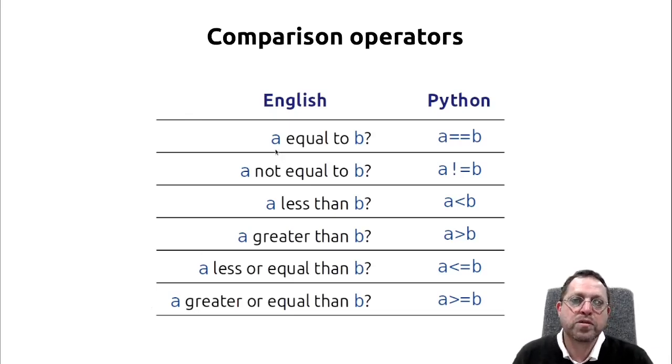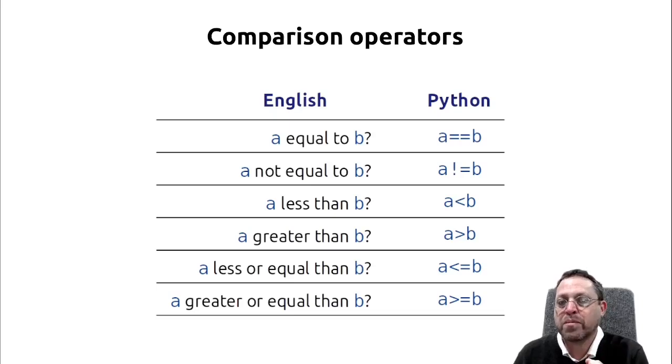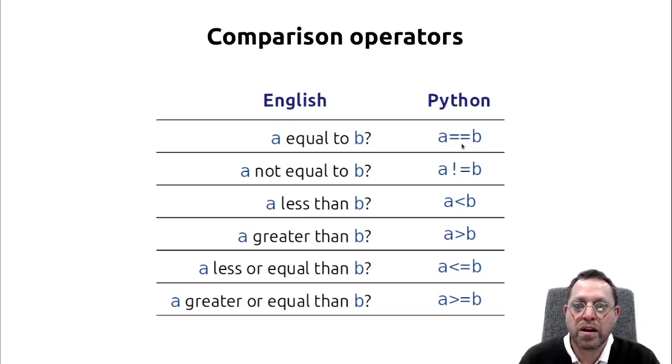So if we wanted to evaluate whether the number A is equal to the number B, we would use the expression A equal B, or A double equals B. Notice that this is different from A equals B, which is an assignment of the value on the right-hand side, which is B, to a variable named A. That's different. Here, the double equals is saying that this simple expression will evaluate to true if A and B are the same, and to false otherwise.